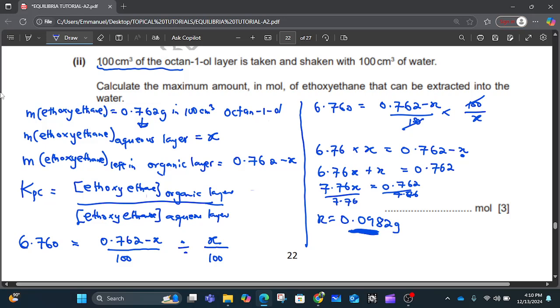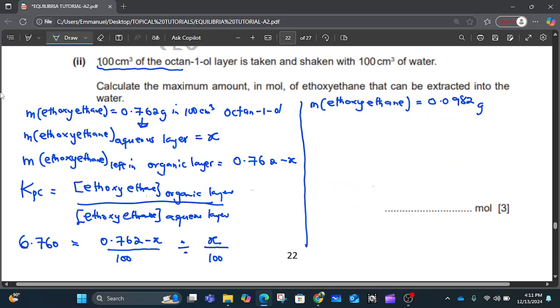But now, since we know the mass of the ethoxyethane in the aqueous layer, we can use the molar mass of the ethoxyethane and calculate the amount of the ethoxyethane. The molar mass of the ethoxyethane can be calculated using the atomic masses of the atoms in the ethoxyethane, and this can be found on the periodic table. So we have our ethoxyethane, which is C2H5OC2H5.